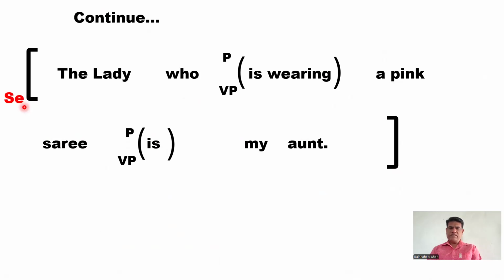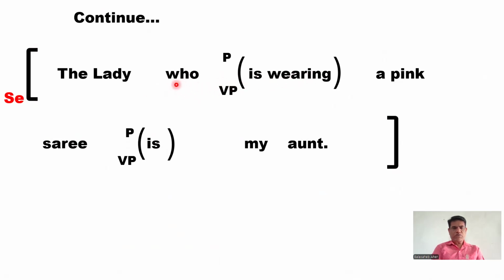First of all, let us see which verb phrase has an indicator which indicates that it's a subordinate clause, and that indicator is the relative pronoun who. So this verb phrase has a relative pronoun. That is why this will be a subordinate clause.